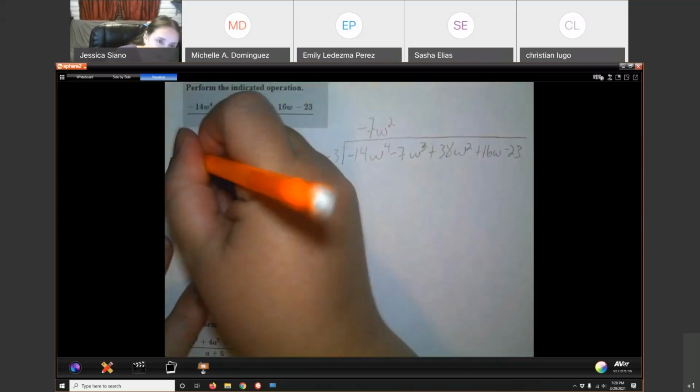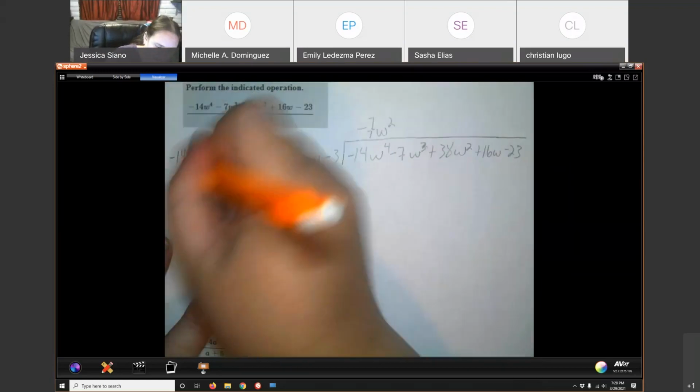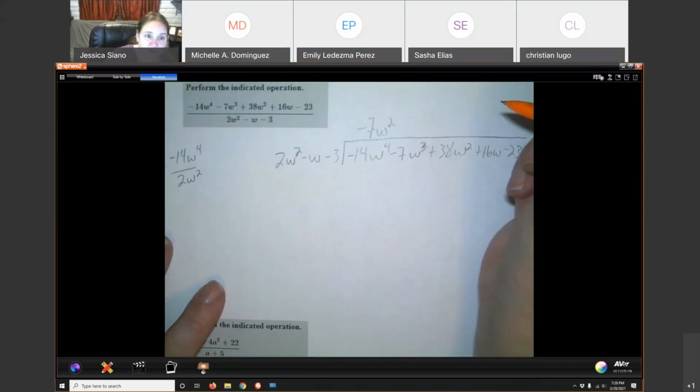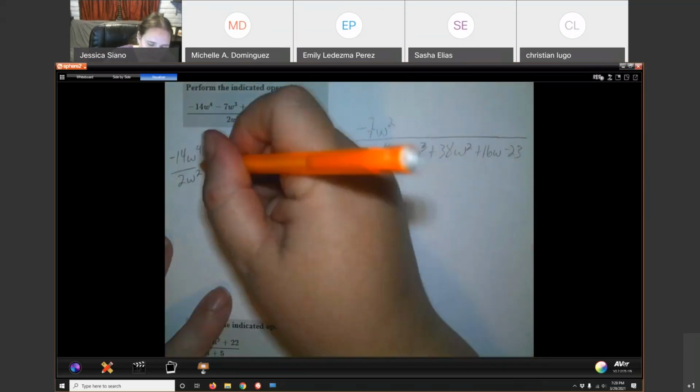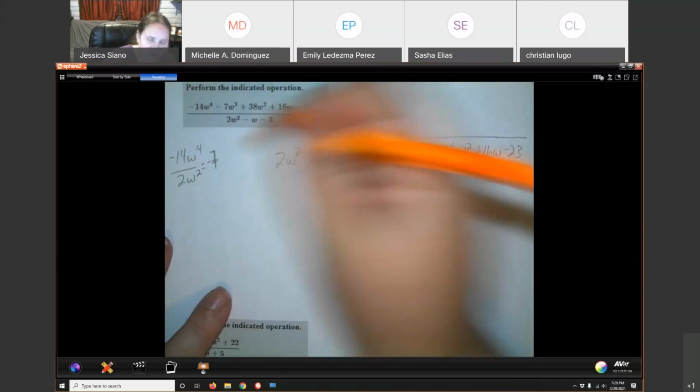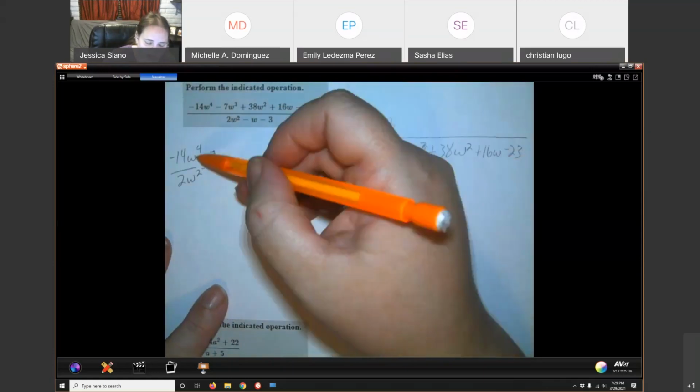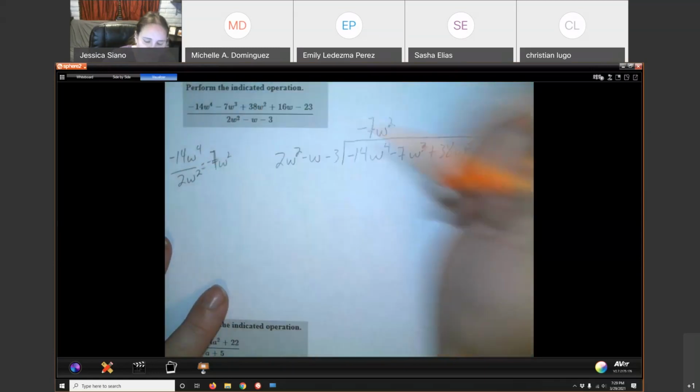Negative 14 divided by 2 is negative 7. And remember, the rule is when we divide, we subtract the exponents, so 4 minus 2 is 2.